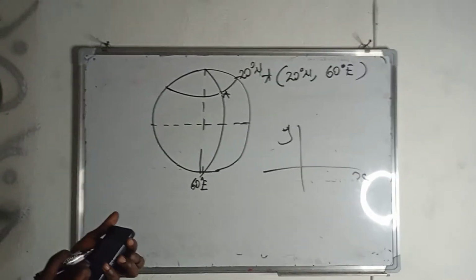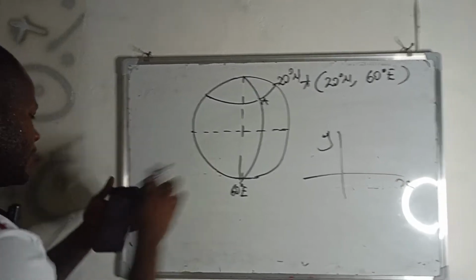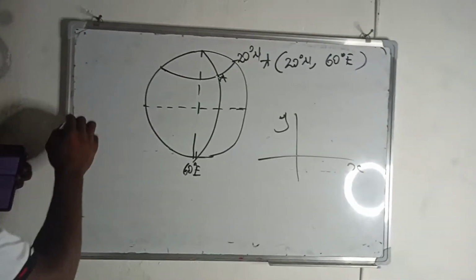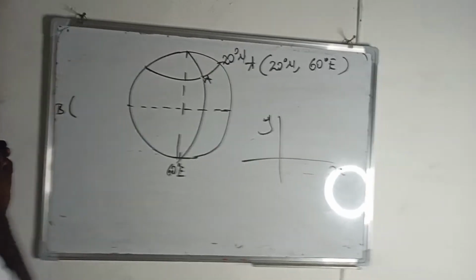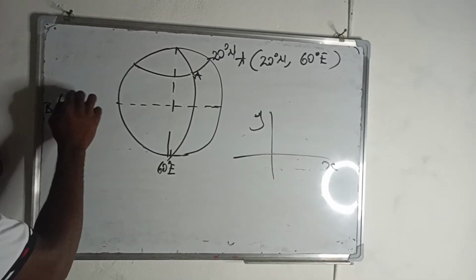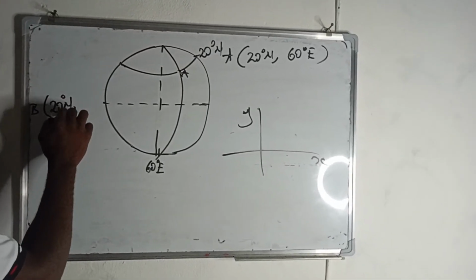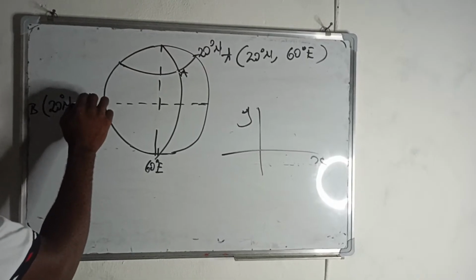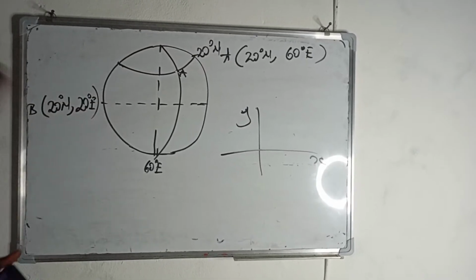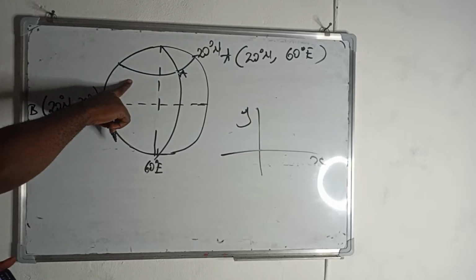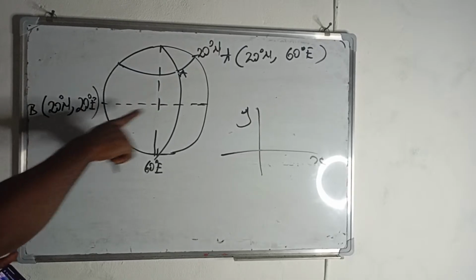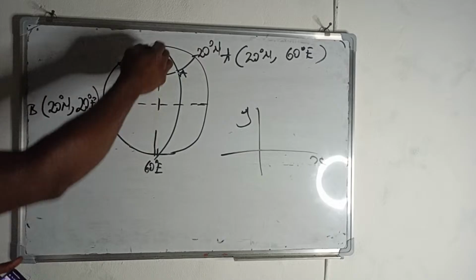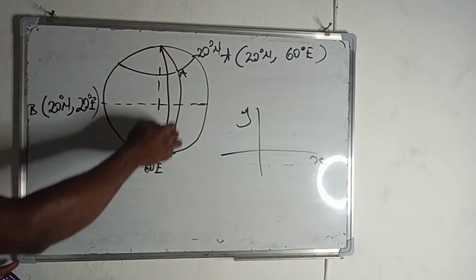Then we have, remember, traveling from town A to town B, and this is the coordinates for town B: 20 degrees north and 20 degrees east. So you can see that this is still traveling in the same latitude, but at 20 degrees east. Remember, this is 60, so 20 will come in between.